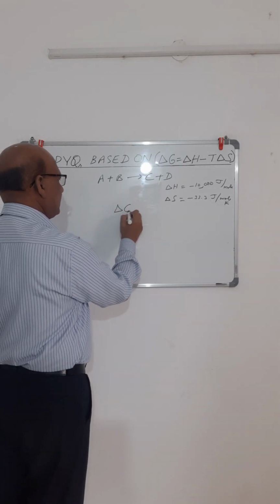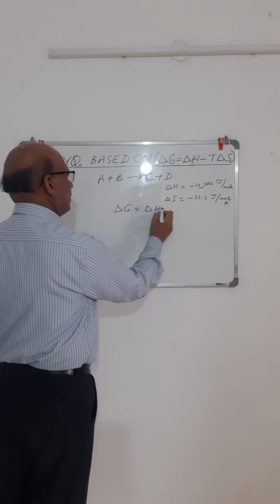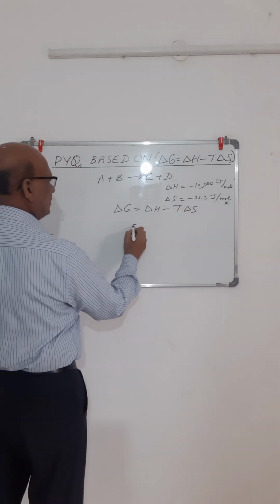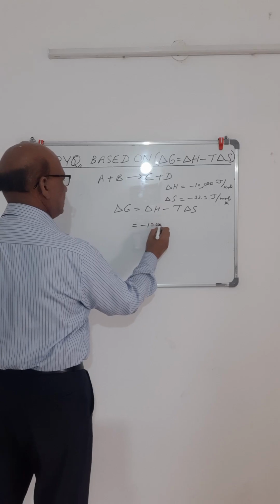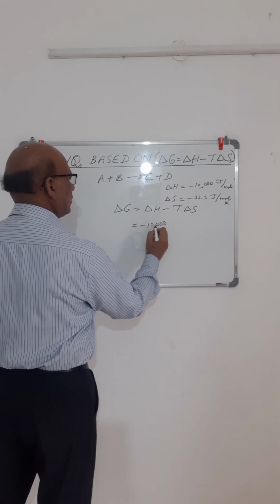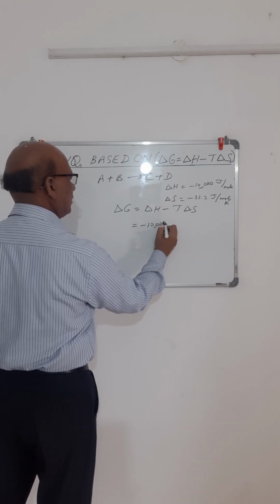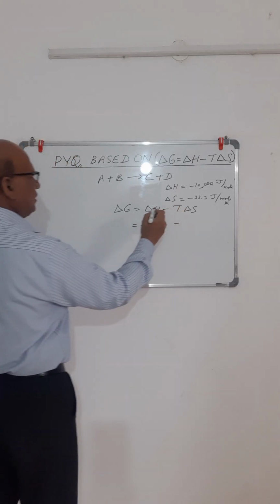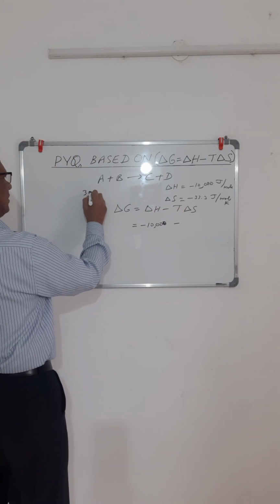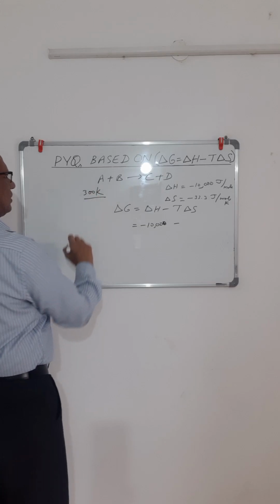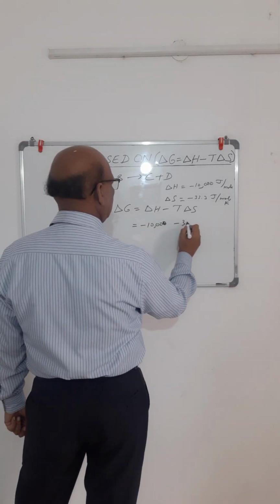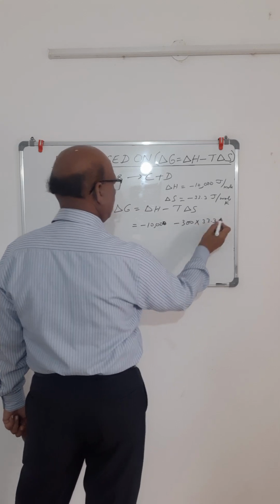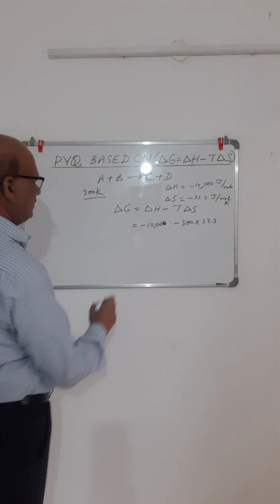So we will write delta G equal to delta H minus T delta S. Let us find out delta G. This is minus 10,000, that is delta H, and minus T delta S means minus T. T is given as 300 Kelvin. Okay, so 300 into 33.3, that is delta G.